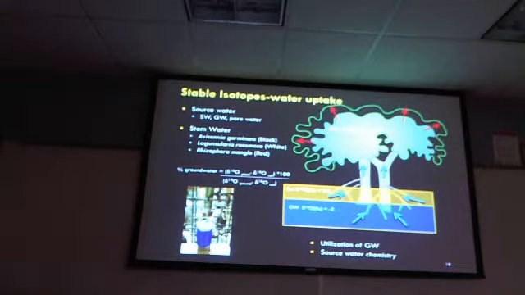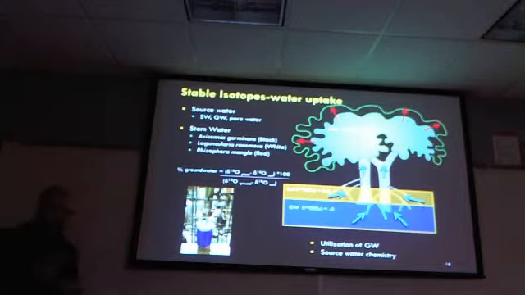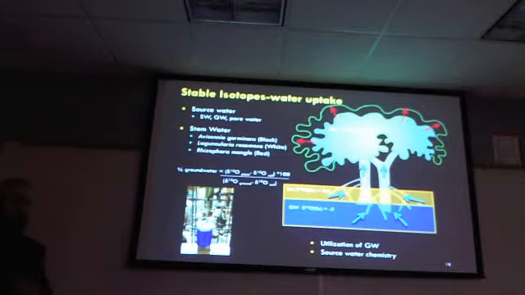So the idea of stable isotopes is that you can pick out different sources of water. Rainwater will have its own signature of stable isotopes of deuterium and oxygen. Surface water will have a particular signature, and so will groundwater.